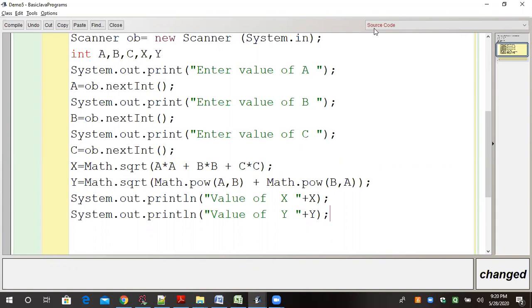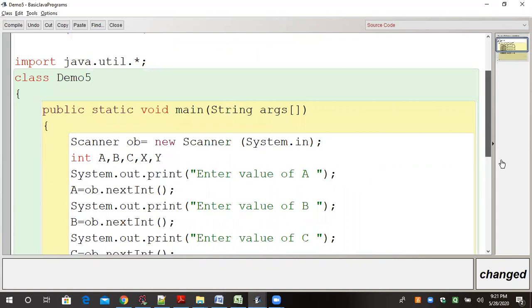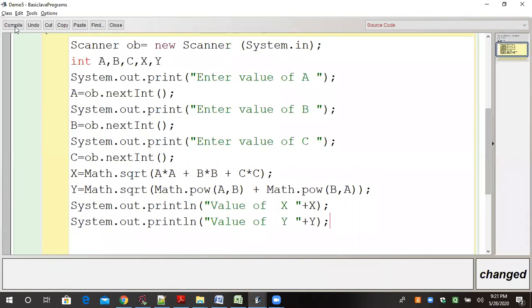Okay. Now, let me compile this code. First of all, oh, what is the first problem? Can you please tell? This is the responsibility of the programmer to rectify your errors. Nobody is there and nobody comes to solve or rectify your errors.